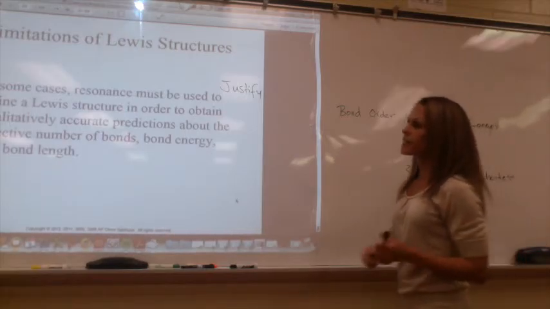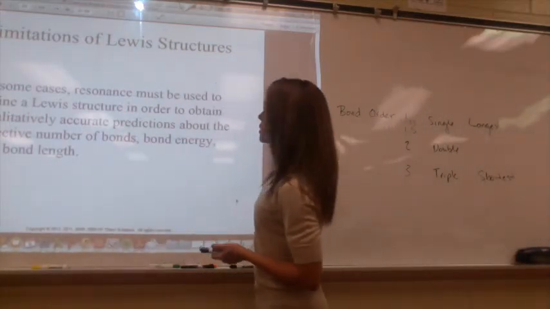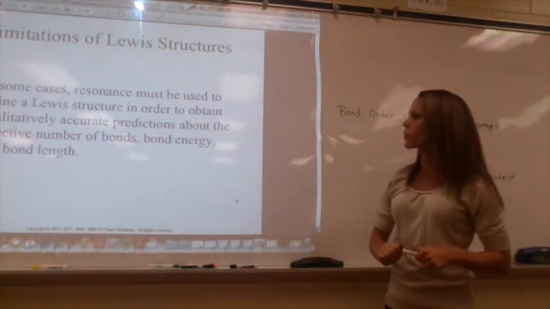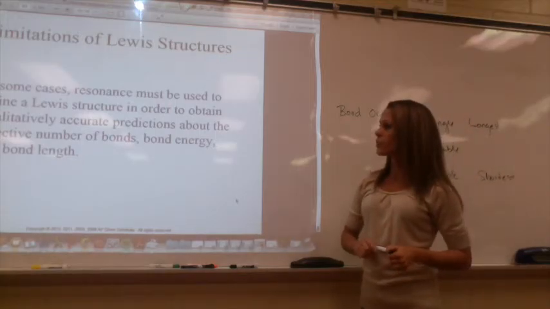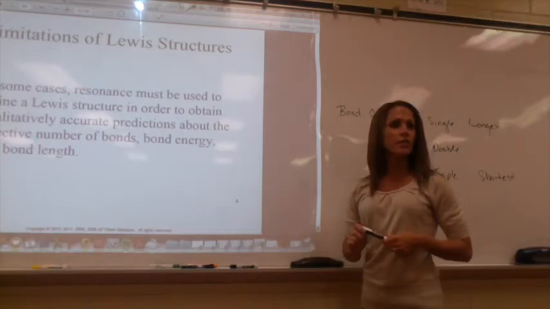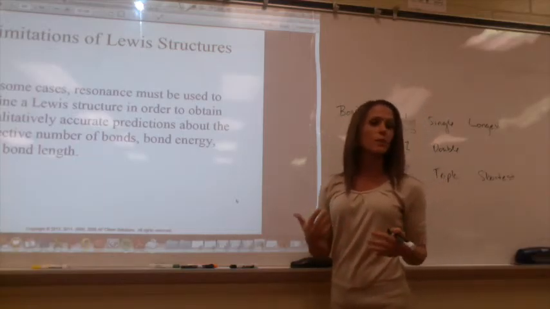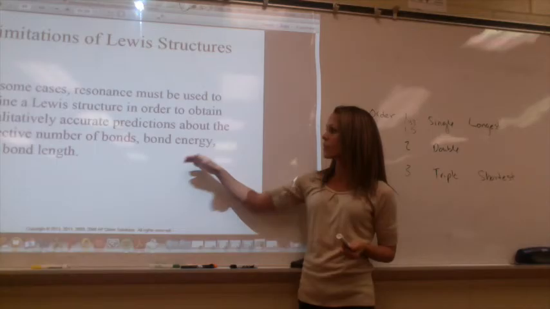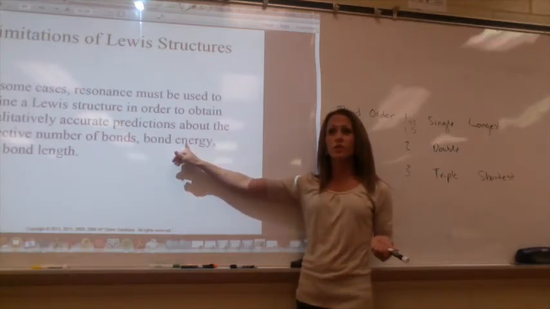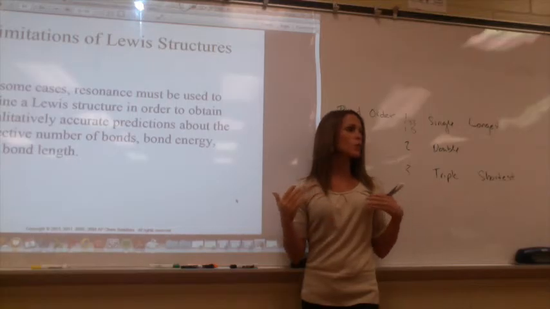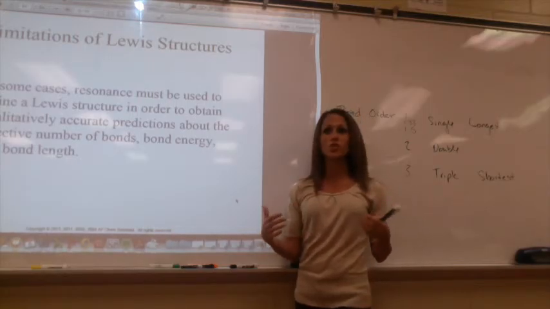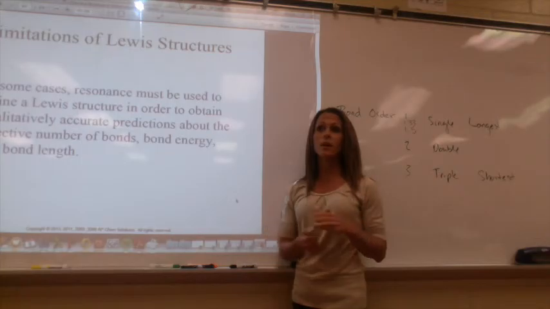And so the last thing, it says, in some cases, resonance must be used to refine a Lewis structure in order to obtain qualitatively accurate predictions about the effective number of bonds, bond energy, and bond length. So some of the additional questions that we'll see, they'll ask you specifically about bond energy in the two different structures. So not just which one has the shortest bond length, but maybe it says which structure has the greatest bond energy.